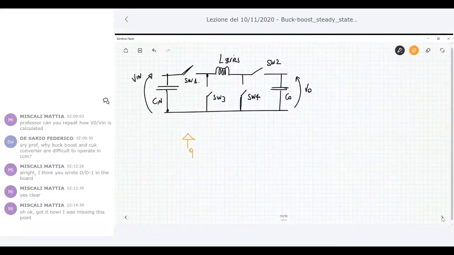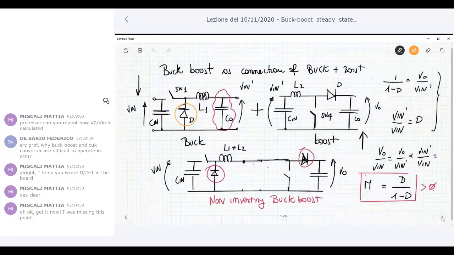So that means that if I want to drive with a unitary switching function Q switch 1, I have to put a logical NOT signal to drive the switch number 3. Okay, in order to have, when Q is 1, switch 1 closed, switch 3 open. When it's 0, switch 1 open and switch 3 closed.